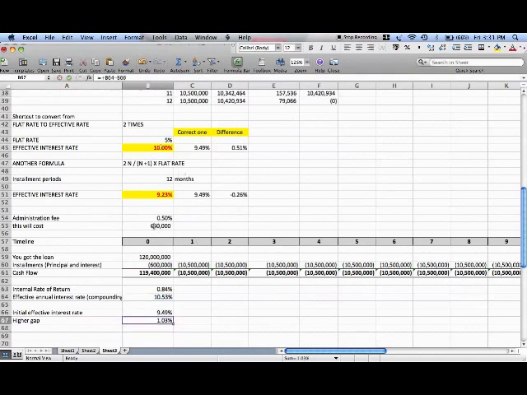So you can see that the administration fee of 0.5% collected upfront basically increases your effective interest rate from 9.49% to 10.53%. So don't be misled by all the loan offers that come to you.